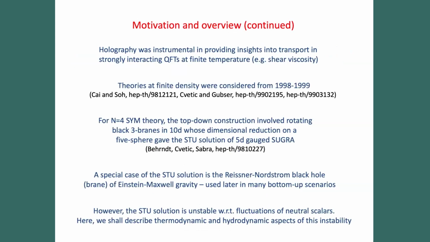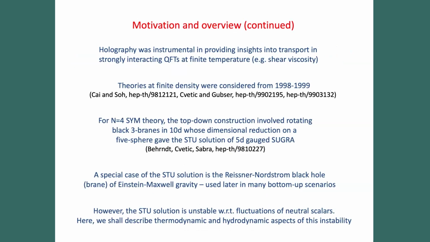So holography was quite instrumental in providing some insights into transport in strongly interacting QFTs at finite temperature, such as viscosity. And theories at finite density, as I already mentioned, were considered starting from 1999, notably in papers by Chamblin, Emparan and collaborators, and so on.